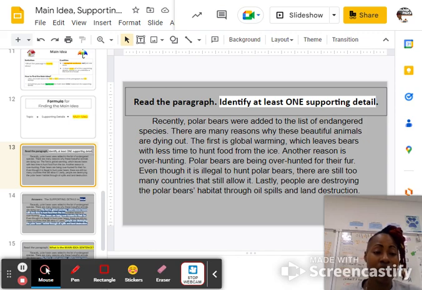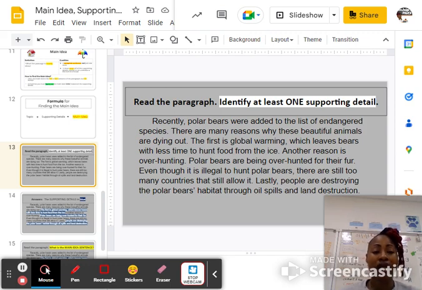The first is global warming, which leaves bears with less time to hunt food from the ice. Another reason is overhunting. Polar bears are being overhunted for their fur. Even though it is illegal to hunt polar bears, there are still too many countries that still allow it. Lastly, people are destroying the polar bear's habitat through oil spills and land destruction.